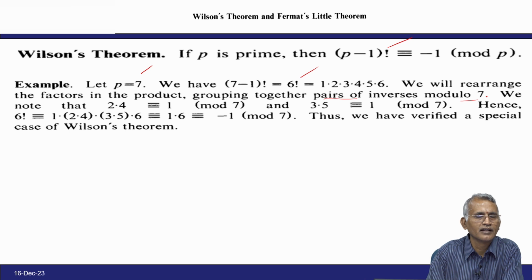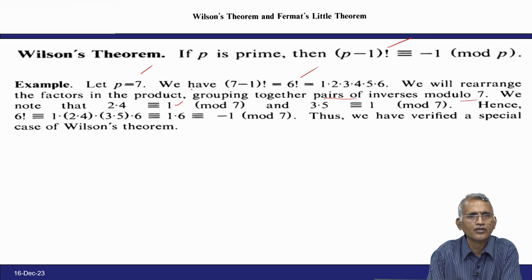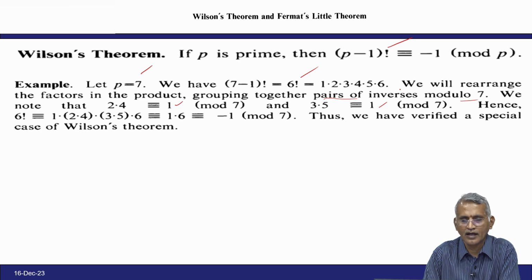We note that 2 and 4 are inverses of each other, because if you multiply 2 into 4, it becomes 8, which under modulo 7 is 1. Similarly, you pair 3 and 5, 3 into 5 is 15, which under modulo 7 is identically equal to 1.